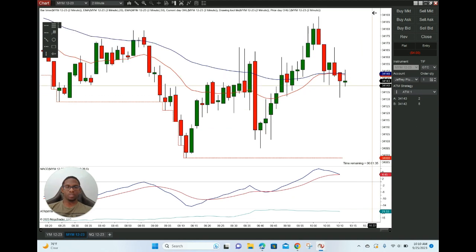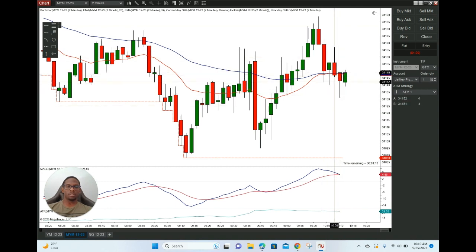150, I might have cleared it. So now, I actually like this trade setup, possibly. Made a low, lower high, another low.